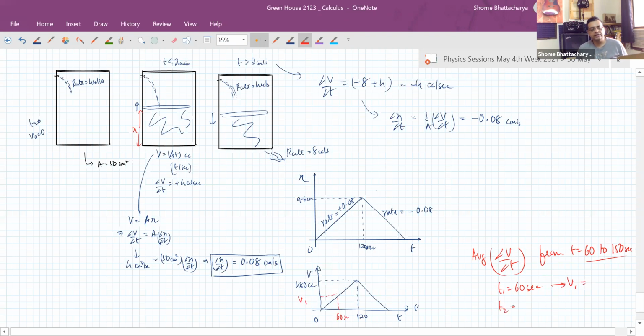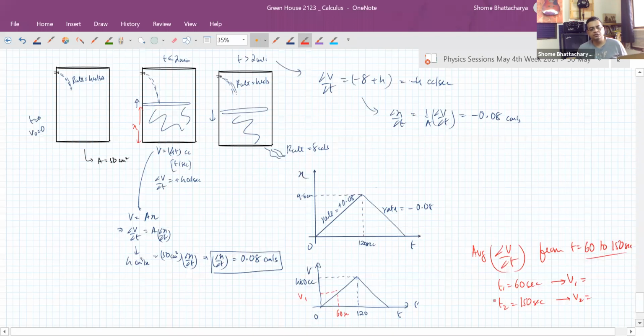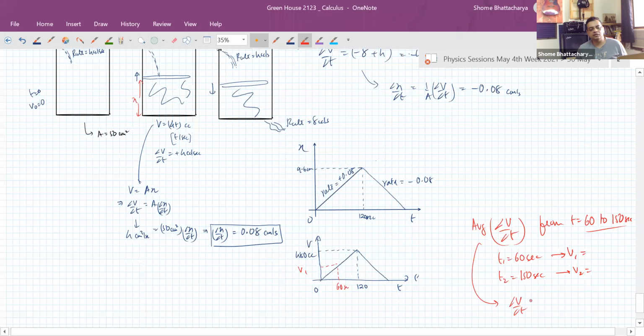Then we'll take t2 as 150 seconds. So we'll find out some V2. And then what is this average rate of change going to become? Delta V by delta t will become V2 minus V1 upon t2 minus t1.